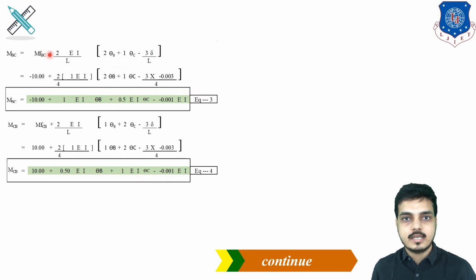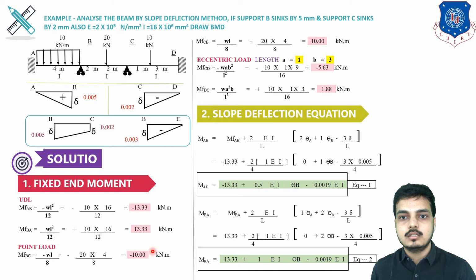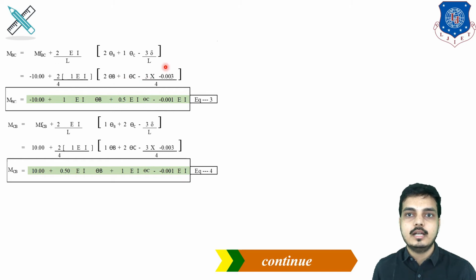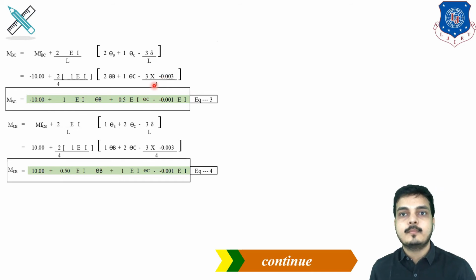MF_BC, which we calculated in step number 1, was minus 10. So placed at minus 10 plus 2 upon 4. We have seen that it is only single unit EI. So 1 EI multiplied by, here both B and C are my unknowns, 2 theta B plus 1 theta C minus 3 into delta, which will be minus. Why minus? Because it is going in the anti-clockwise direction, divided by 4. L is my 4.